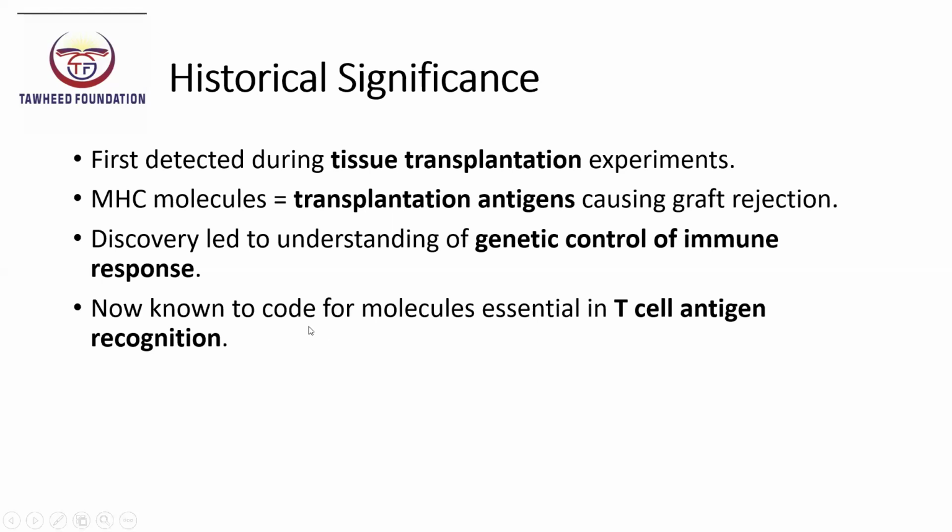We now know that MHC molecules are critical for T cell antigen recognition, and genetic variability at MHC loci explains why grafts are rejected in some individuals but tolerated in others. This historical perspective illustrates the connection between clinical observations and molecular immunology.